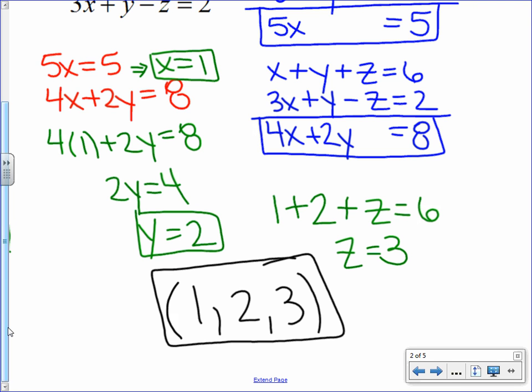When you are going through your algebra, please be very careful. These are not difficult problems. What makes these seem sometimes difficult is when you make a simple arithmetic mistake and it throws everything off, right? If I had accidentally written x equals 5, everything else would have been wrong, right?